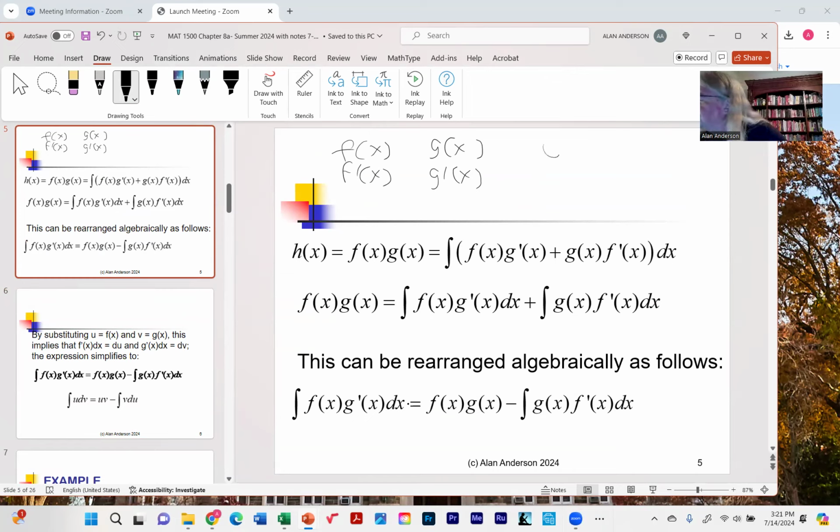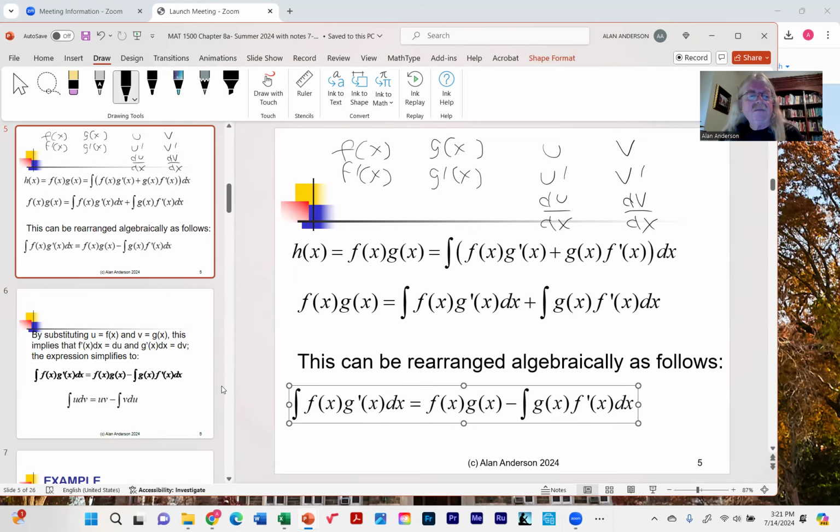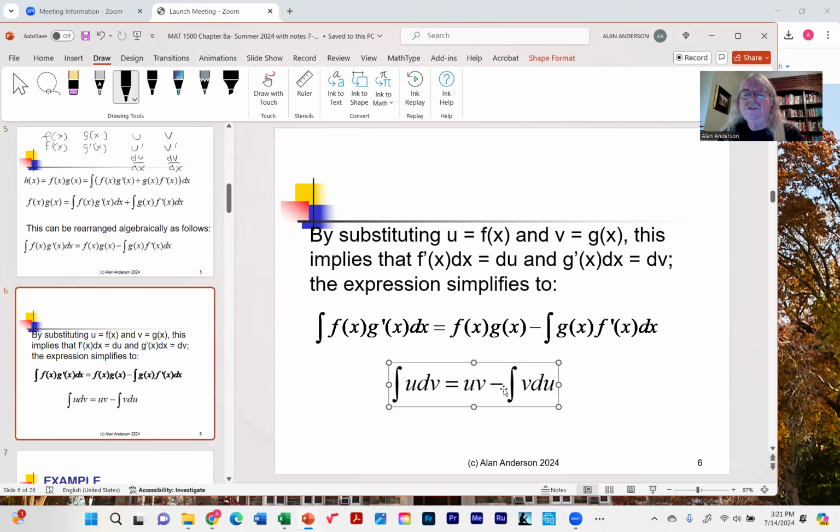A lot of books use instead u and v, and then f prime of x becomes u prime or du dx, and then g prime becomes v prime, which is the same thing as dv dx. So this really scary looking definition, if we use this approach, can be reduced to what you're seeing right here. And you can see it doesn't look nearly as terrifying as this one, in my opinion. I think it'll be infinitely easier for you to remember this one rather than this one.